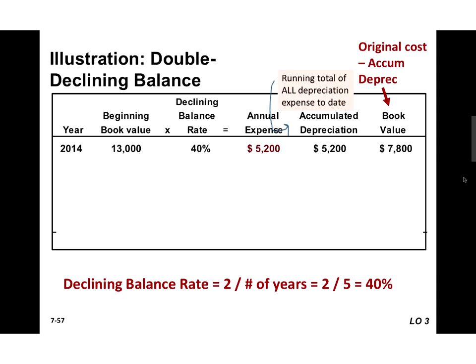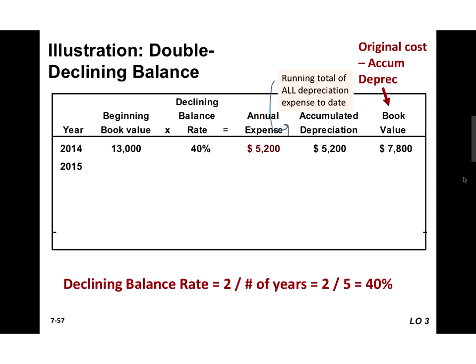Okay, so now going on to 2015. Our beginning book value is last year's ending book value. So that $7,800 that we ended last year with is what we started 2015 with, times our 40% rate, and we'll get $3,120. That's our depreciation this year.